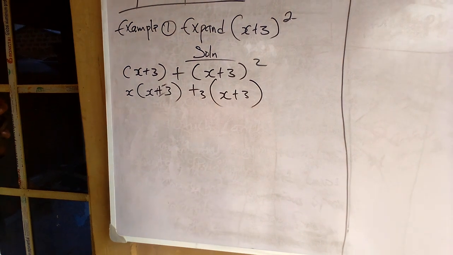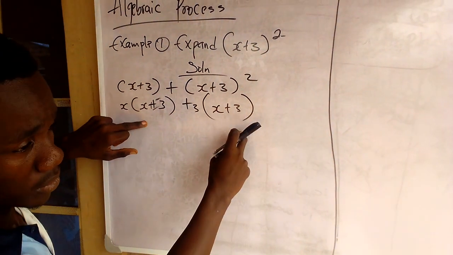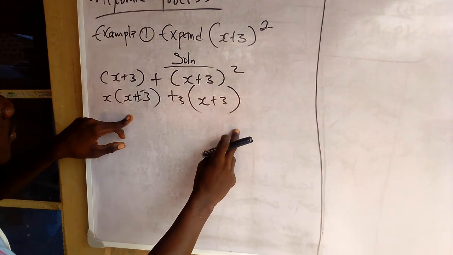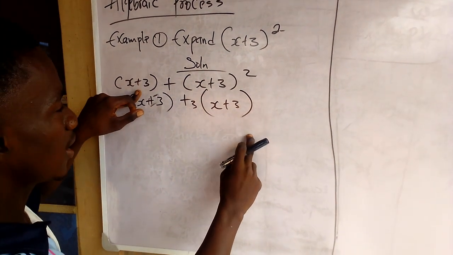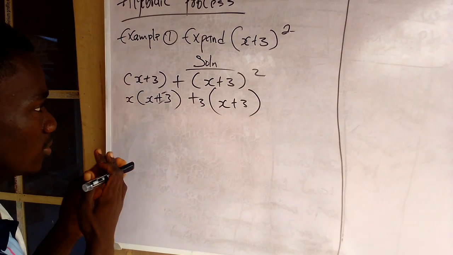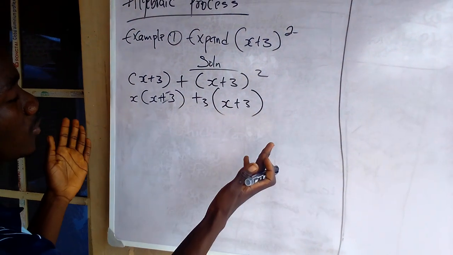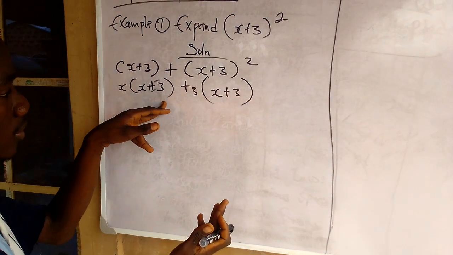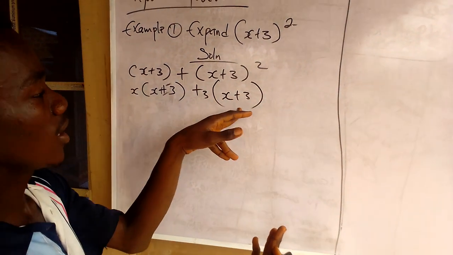In an expanded notation, the two sides must be equal. That's one thing you need to know. That's why you see x + 3 here and x + 3 here. Once we expand it, we have x(x + 3) + 3(x + 3).